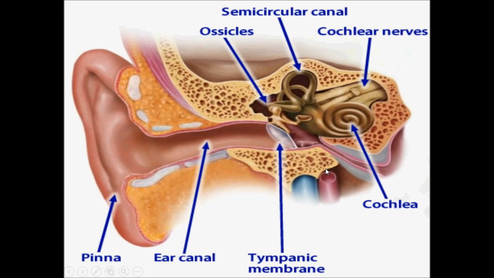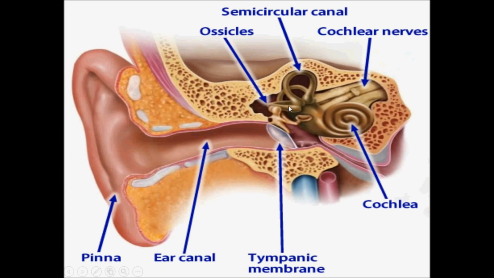Okay. Now what's the function of middle ear? Tympanic membrane functions as a resonator, and it produces the vibration of the sound, and it transmits the sound waves to the middle ear. See, from tympanic membrane, the sound waves are transmitted to the inner ear, right?